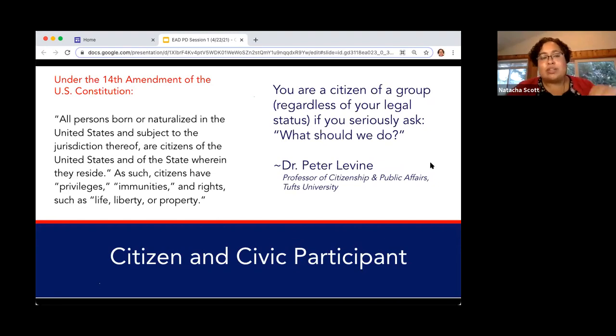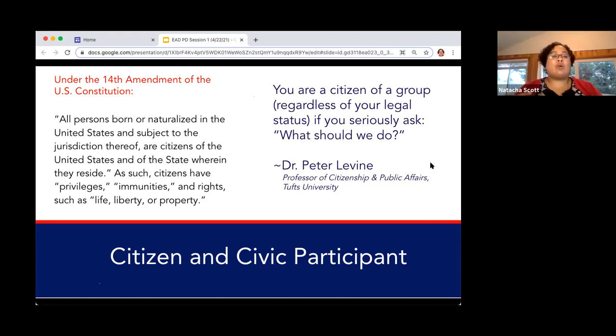What should we do? Think about the points that your peers were making on that Padlet. Okay, being informed, asking questions, caring about your community. All of those fall into that bucket of what should we do? What are the challenges in our community? What are the solutions that we can do to address those challenges? And you really see that broader concept of a citizen of a group come to the surface.